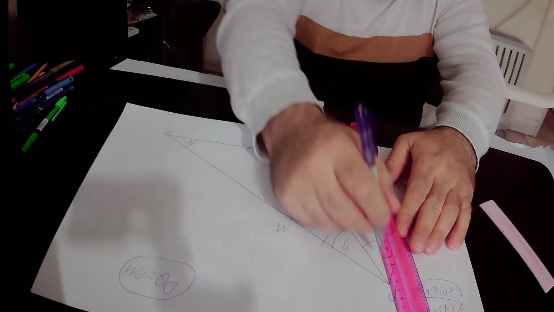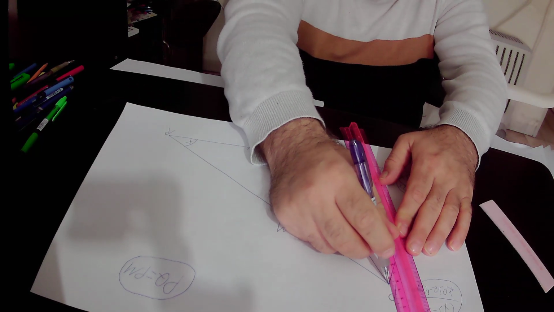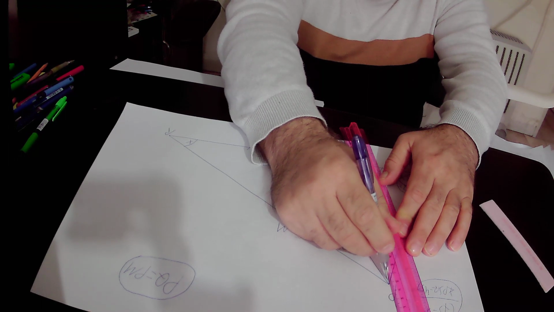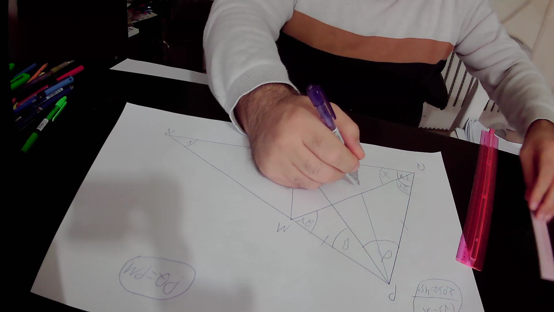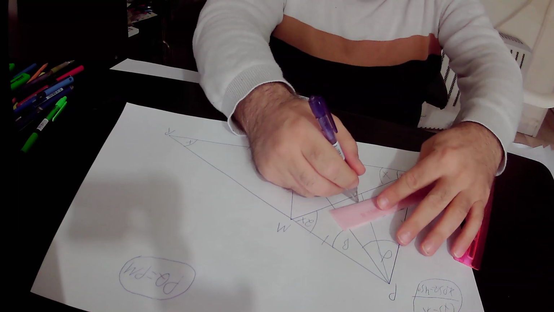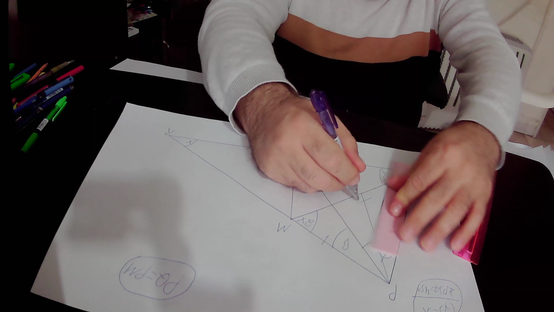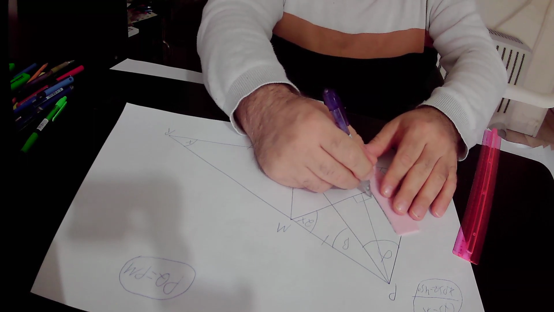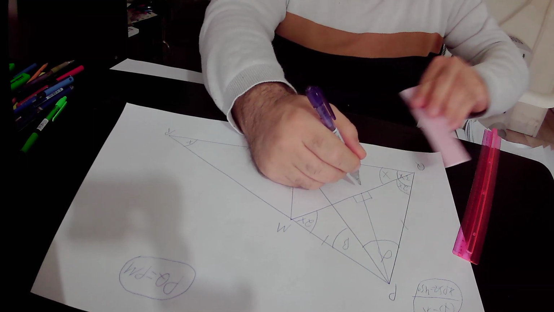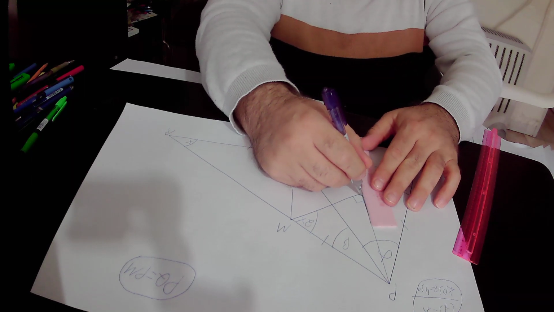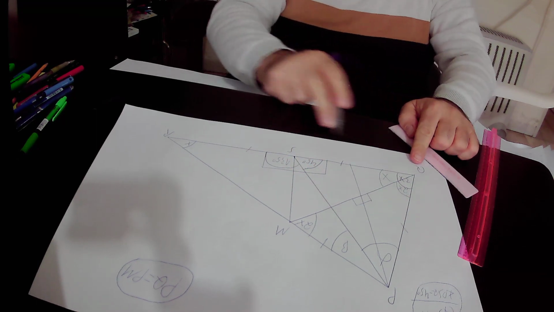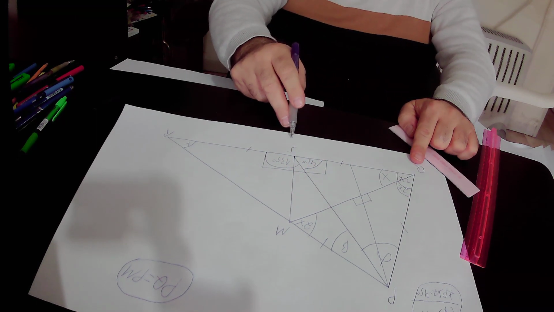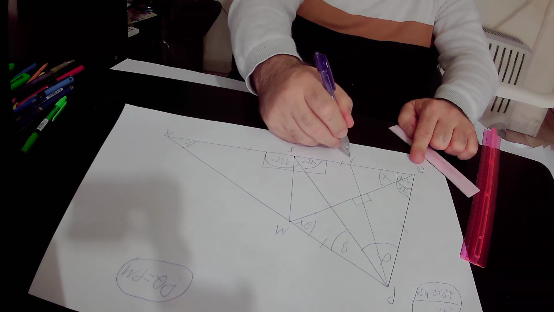So here, first of all, we will draw a perpendicular to QM from point P. That is to say, this angle equals 90 degrees, and this angle also equals 90 degrees. Then we will extend the perpendicular until it touches QS, and we will define the touching point between the perpendicular and QS as point N.